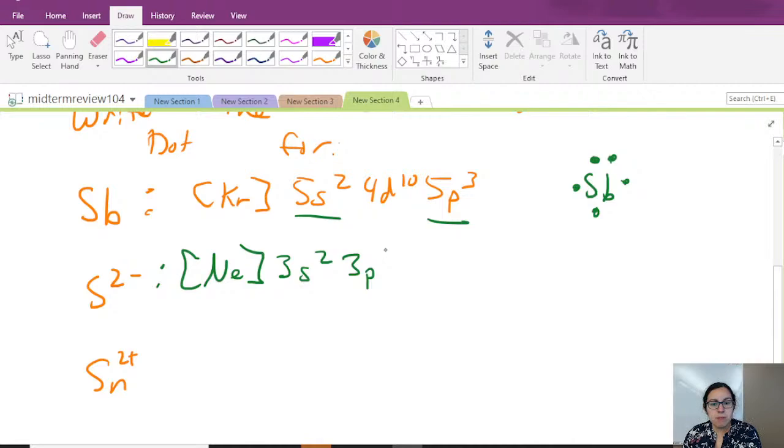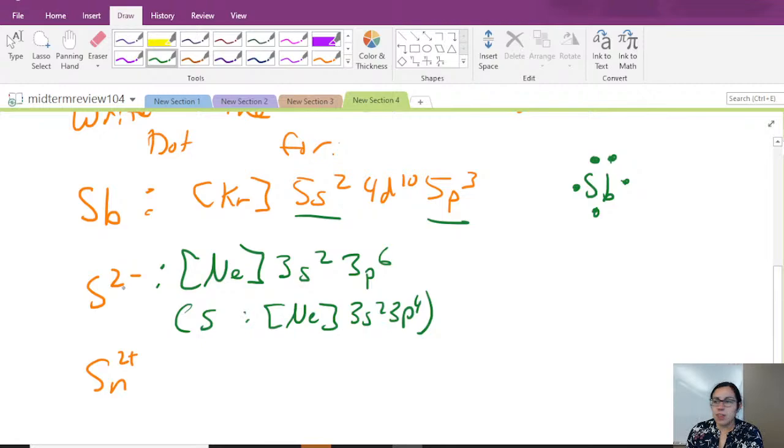It should be 3p6, right, because it has a -2. I'll just put in parentheses, sulfur neutral would be neon 3s2 3p4. But we were looking at the anion, so it had 2 extra electrons, so that's why that one was 3p6.